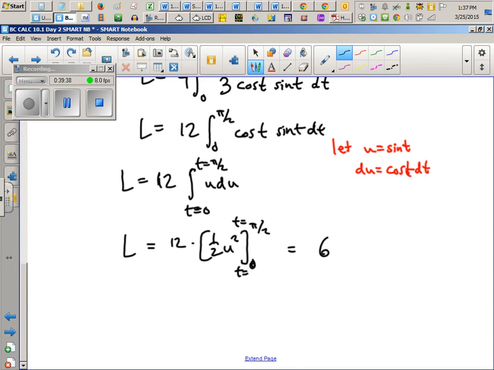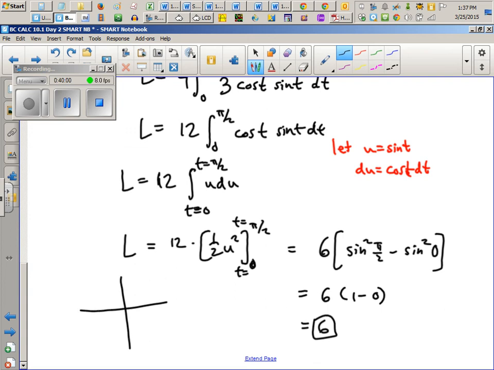In other words, 6 times sine squared pi over 2 minus sine squared 0. What's sine of pi over 2? 1. Sine 0 is 0. Interesting. So the asteroid has length 6. 1.5 here, 1.5 here, 1.5 here, 1.5 here.